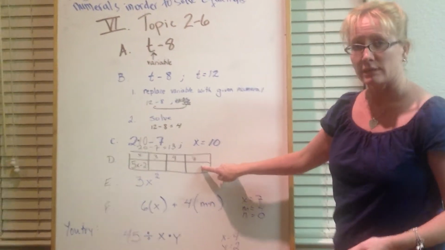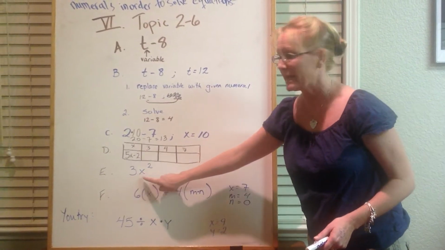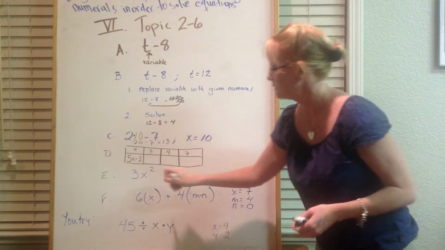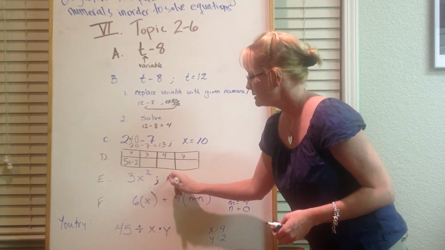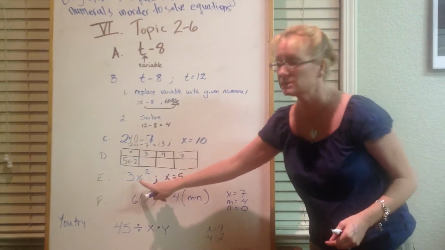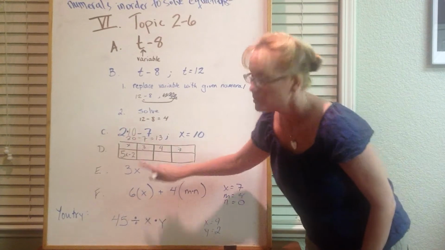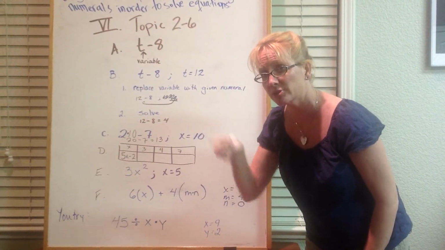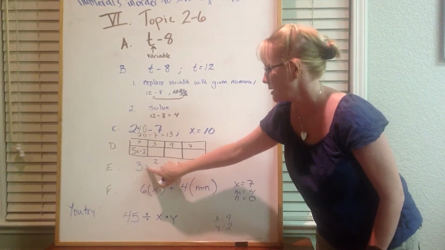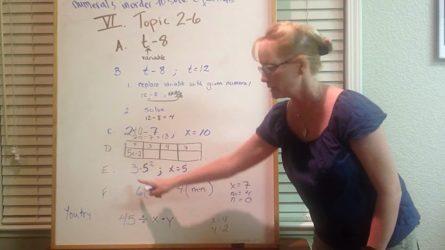Now we're going to skip this one and come back to it, but we're going to look at letter E right now, where I have 3x squared. Ooh, I forgot to give it stuff. We'll do that now. We'll say that x equals 5. So my first step is again to replace my variable with the numeral. We have two things going on here, so you have to make sure you follow the order of operations. You can do the dance right now if you want to. So I'm going to replace my x with the 5. Remember, it doesn't mean 35, it's this.